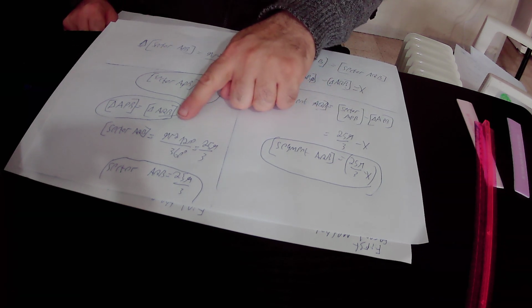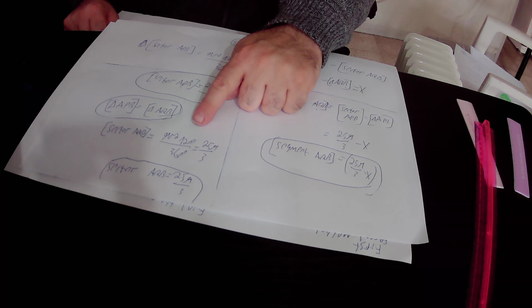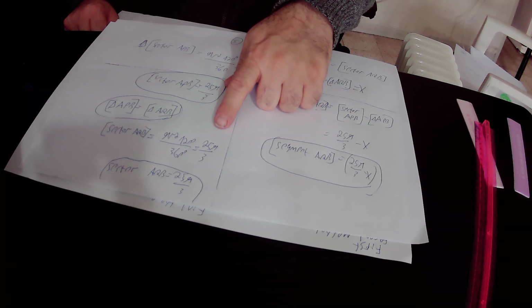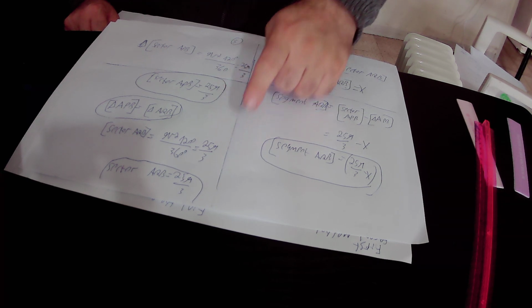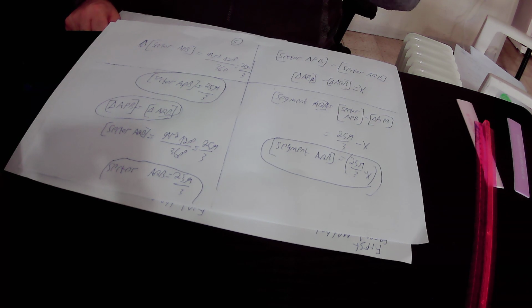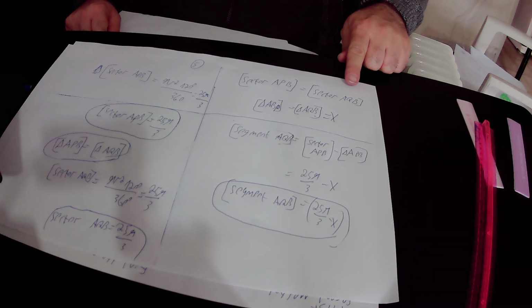Again, the area of sector AQB equals to pi r squared times 120 degrees over 360 degrees. That is to say, the area of sector AQB equals to 25 pi over 3, and the area of sector APB also equals to 25 pi over 3 square units. That is to say, the area of sector APB equals to the area of sector AQB.